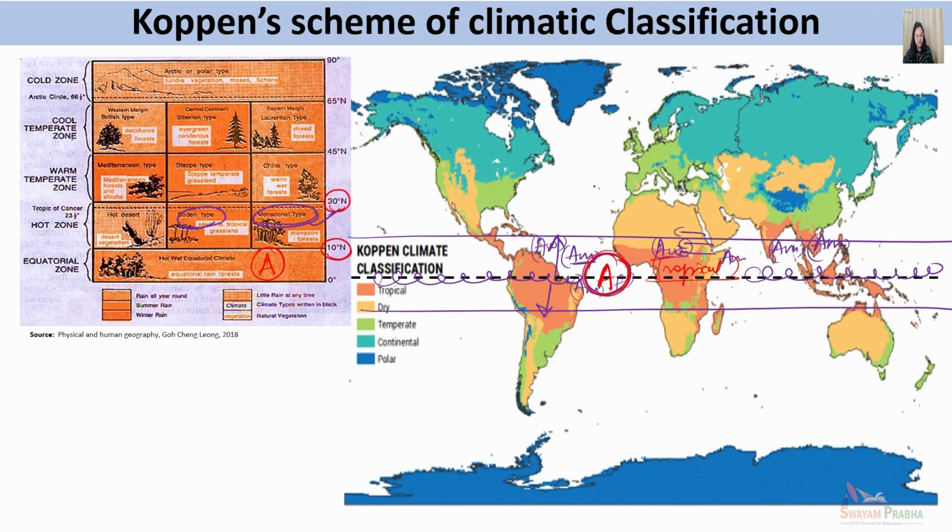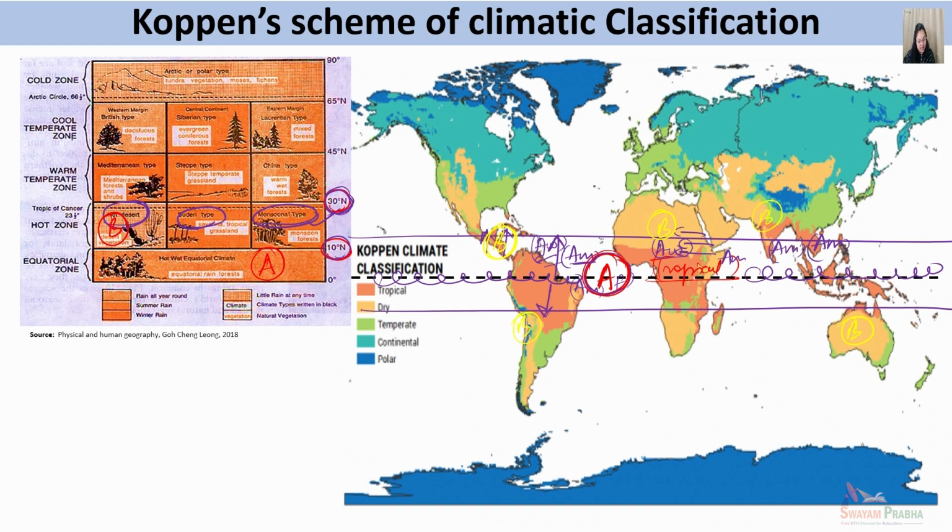Then between 10 to 30 degrees, along the subtropical belt or the drier margins, you will have the hot desert type of climate or B type of climate. Towards more continental interiors along the tropical areas where rainfall is not that sufficient, you will have B type of climate, along the subtropical belt in both the hemispheres.